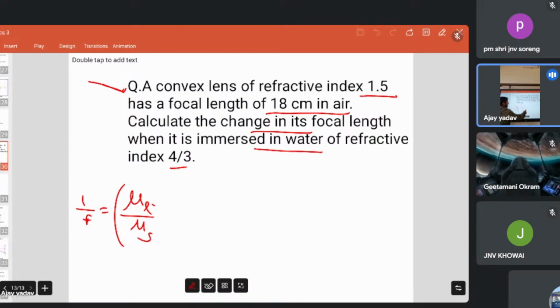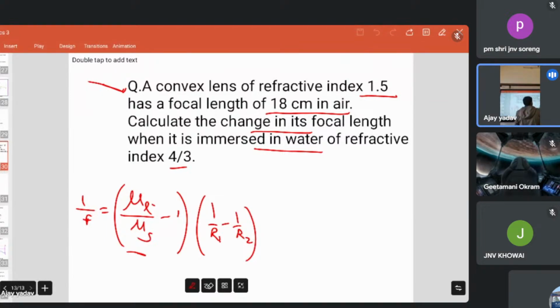So if we dip it in a surrounding medium, its focal length will change. But in case of a mirror, either concave or convex spherical, if we dip it in any other medium, the focal length will not change.